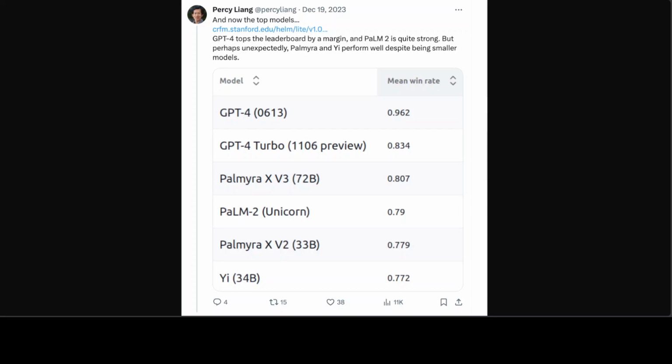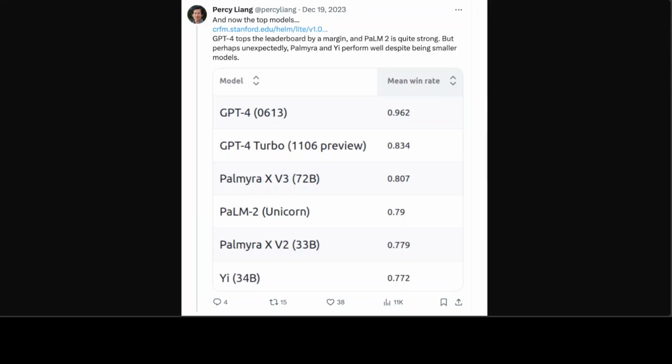HELM Lite consists of a lot of other scenarios like NarrativeQA, NaturalQuestions, OpenBookQA, MMLU, MATH, GSM8K, LegalBench, MedQA. So all in all, it is quite a holistic and broad benchmark, and on that broad benchmark, coming close to GPT-4 is not a small undertaking, and that is why I am reviewing this model for this video.